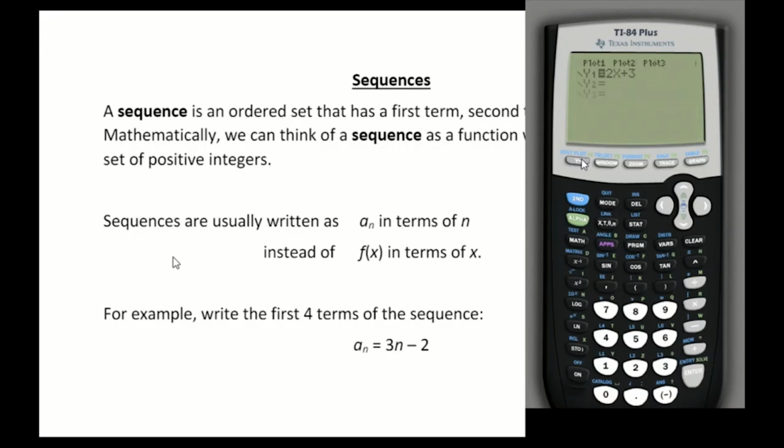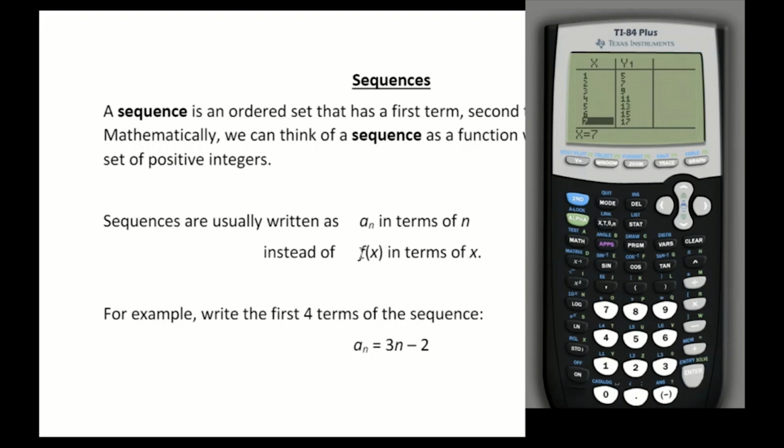When we talk about a sequence, though, we're only going to have a domain that is just these integers, and more specifically the positive integers, so starting with 1 and moving forward. Everything else is sort of discarded, and what you end up with is a series of points rather than a continuous line. So that's basically what a sequence is. We write it a little differently.